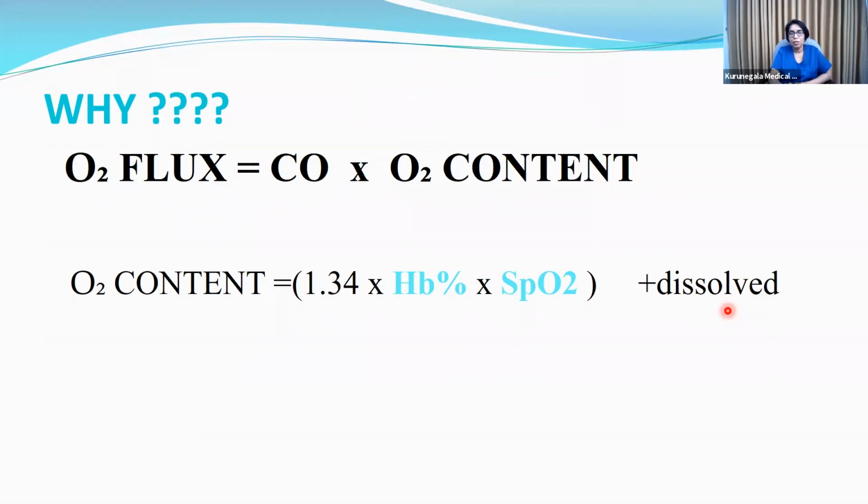So oxygen content depends mainly on the hemoglobin percentage and the percentage saturation. So if somebody's oxygen saturation drops from 90 to 60%, that means oxygen content is dropped tremendously, so that oxygen flux is reduced. So that is the importance of maintaining oxygen saturation.